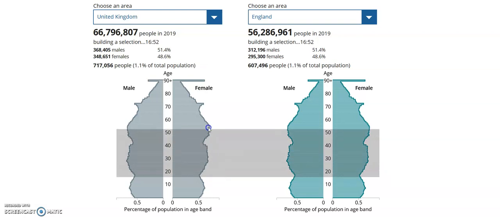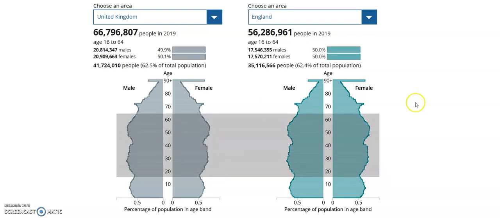So if I select 16 to 64, you could see here the workforce accounts for 62.5% of the total population.